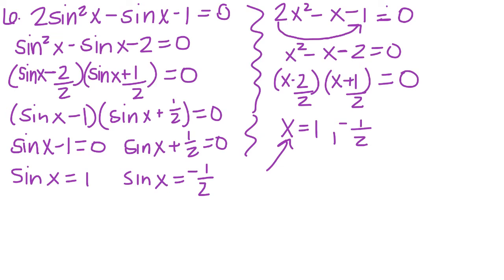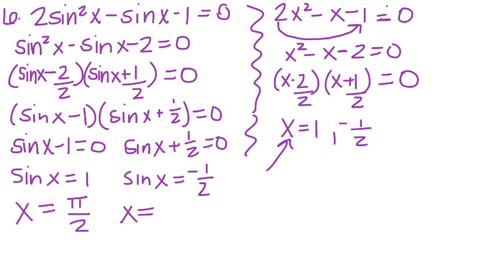Okay, now let's go look at the unit circle. So, this first angle probably is what? Pi over 2. Do y'all agree with that? Good, that's where your y coordinate is going to be a positive 1. Now over here, where are we going to get a negative 1/2?